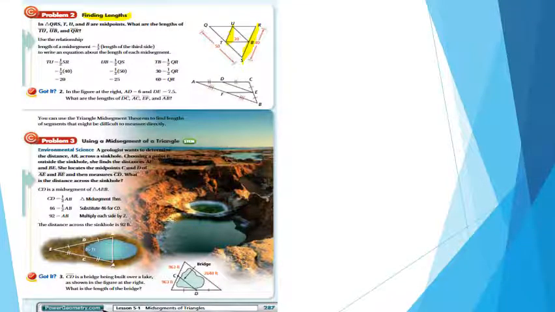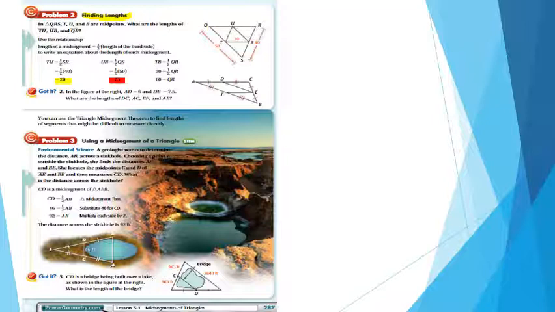So if this is 40, then TU is 20. And then the other pair, they are asking about UB. This is UB, which is parallel to QS. If QS is 50, then UB is half of it, which is 25. And then QR, they are asking about QR.